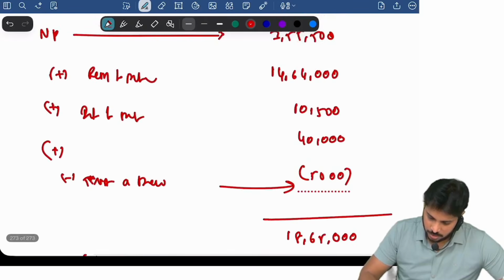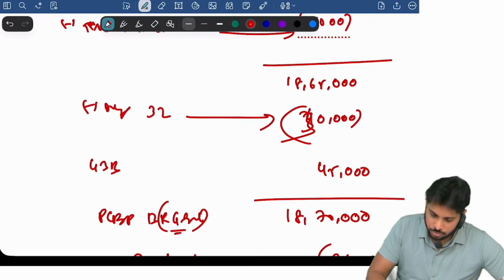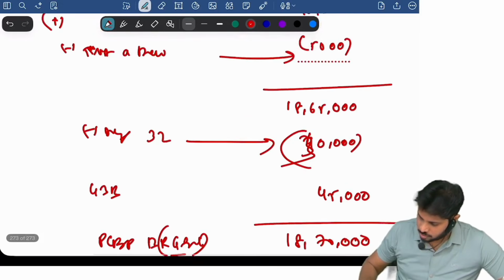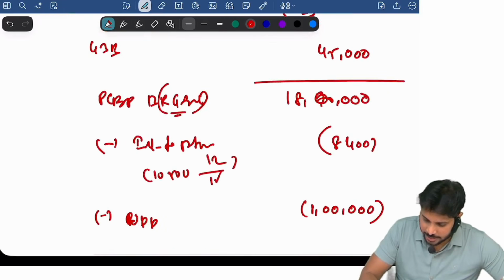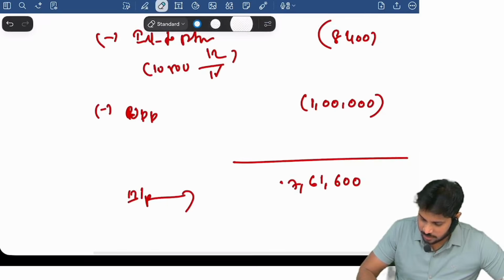Here we added 40. Here only 30 you should claim. Depreciation as per 32, 30 only, no? So 18,65,000 minus 35,000 minus 30,000 plus 45,000 is equal to 18 lakh 80. Then 18 lakh 80 minus 8,400 minus 1 lakh is equal to 17 lakh 71,600.